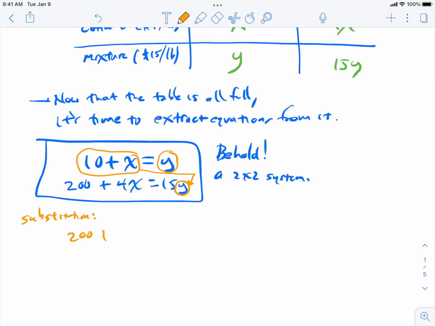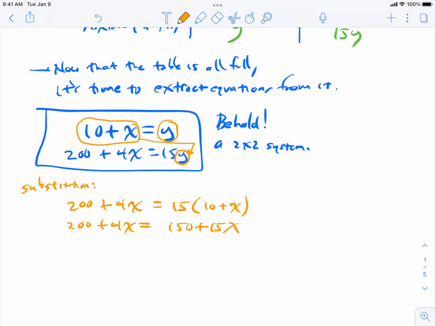So I got 200 plus 4x on this left side equals 15 times 10 plus x. And we're almost home. 200 plus 4x equals, that's 150, that's a 15x.